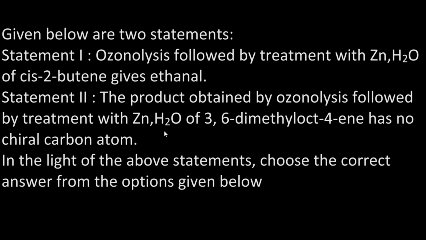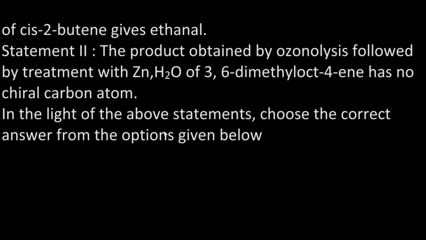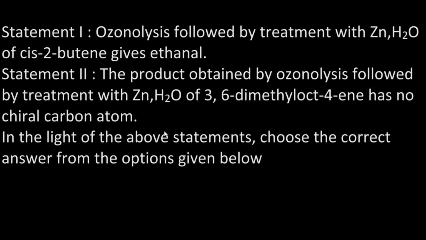The next question: the given below are two statements. Statement 1 is ozonolysis followed by treatment with zinc and H2O of cis-2-butene gives ethanal. And statement 2 is the product obtained by ozonolysis followed by treatment with zinc and H2O of 3,6-dimethyloct-4-ene has no chiral carbon atom. So we have to check by doing the reaction.